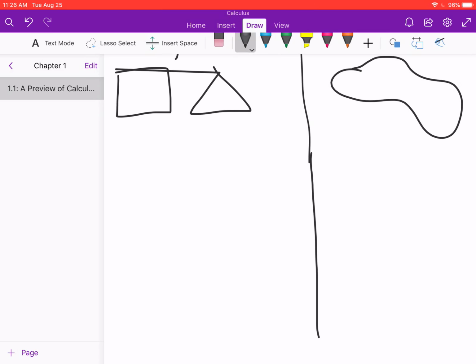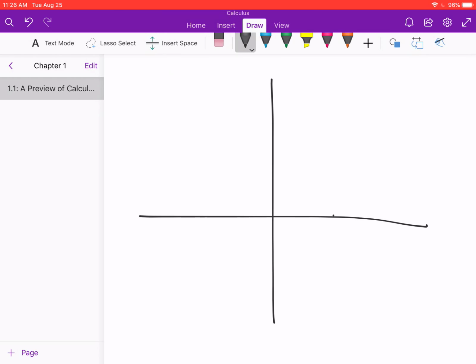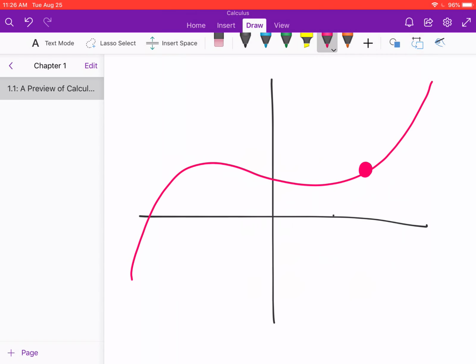So let's talk about differential calculus. With differential calculus, we're going to look at the tangent line problem. So let's say I have a function that looks like this, and I specifically want to look at this point.